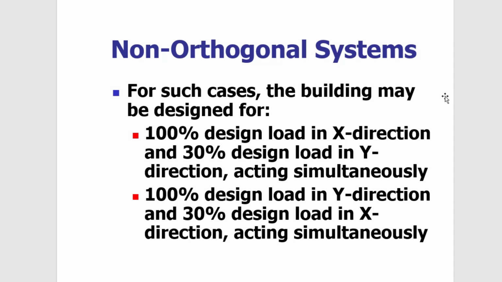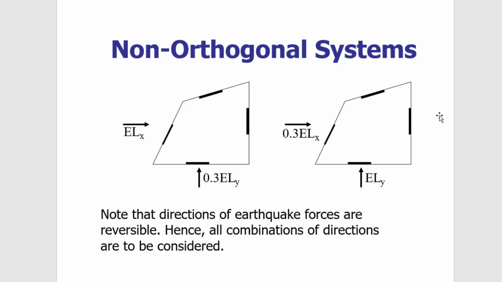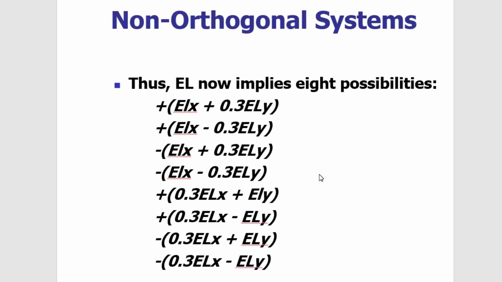In the same way, vice versa. Symbolically it is 100% along x and 30% along y, with directions plus and minus. Similarly, 100% along y and 30% along x, with directions reversible, plus and minus.